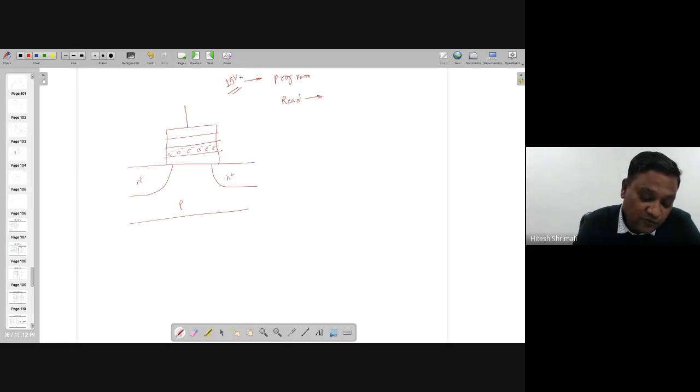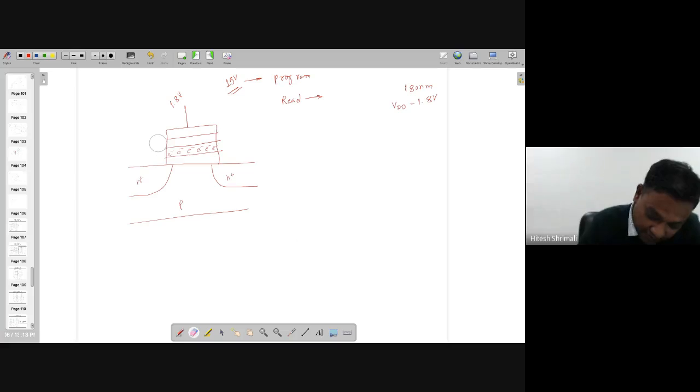So what we are going to do is apply here, let's say, 1.8 volt, which is for 180 nanometer. The typical value of VDD is 1.8 volt, so we are going to use that 1.8 volt over here. With 1.8 volt, these charges will not be lost. This floating gate terminal, we are going to call it a current sense.